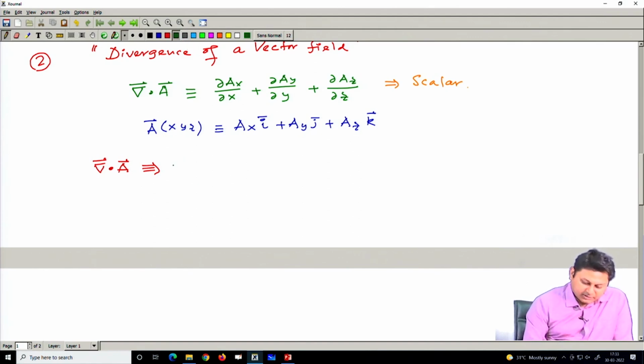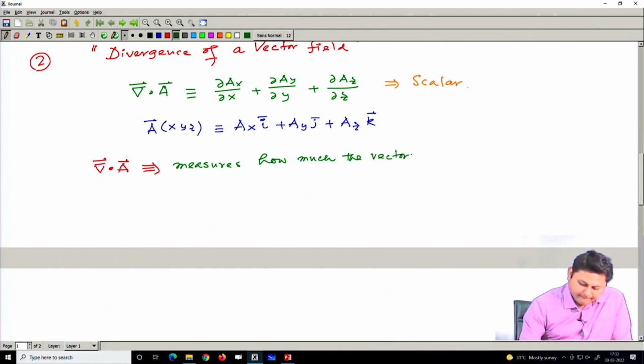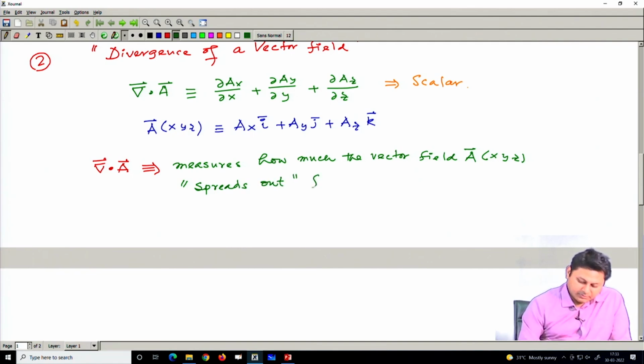So, it basically measures how much the vector field A spreads out from a given point.